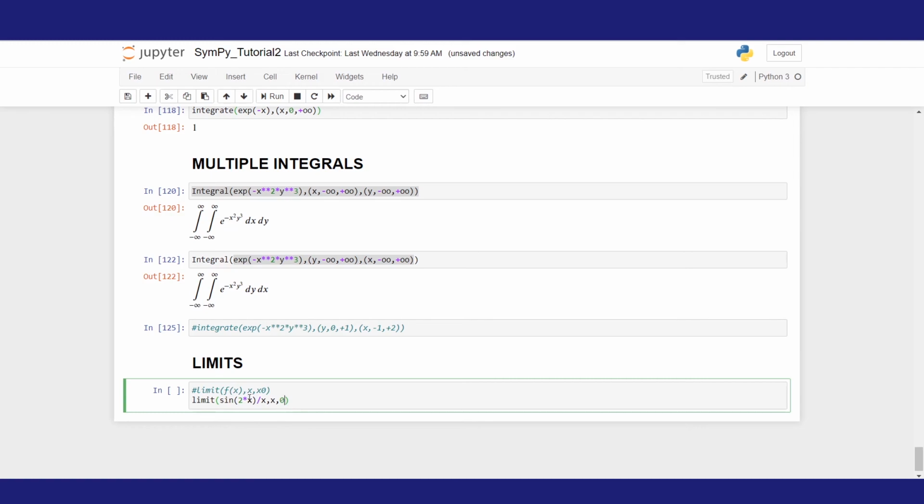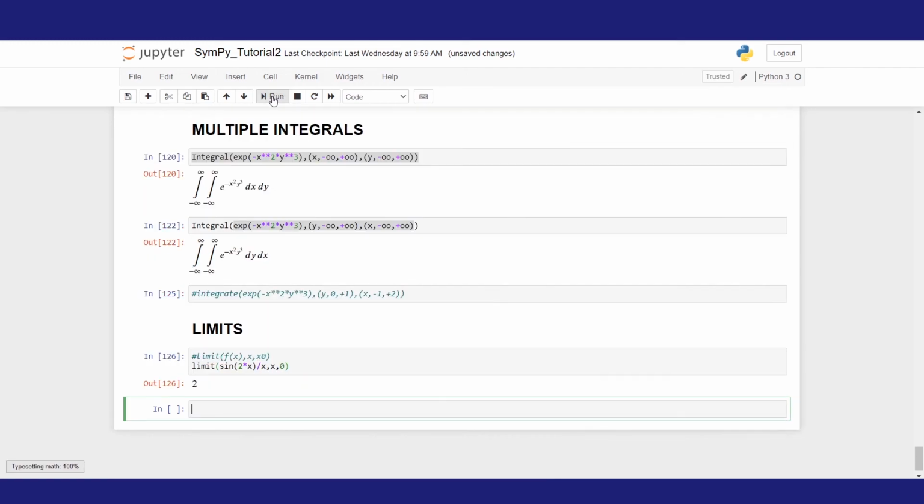So sine of 2x will tend to exactly 2x, and 2x divided by x is just 2. So this limit function evaluates the expression and returns the answer to us as just 2. That's how you can deal with the functions.